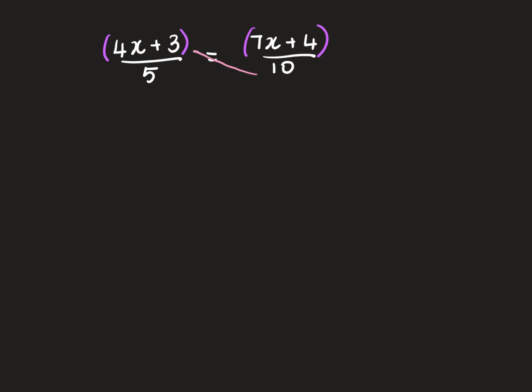Okay, remember our first step? Brackets here, then we cross multiply that times that. 10 lots of 4x plus 3 is equal to 5 lots of 7x plus 4. Next we're going to expand.